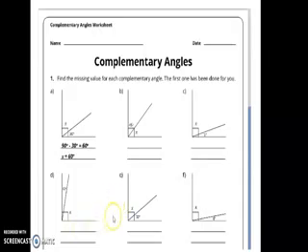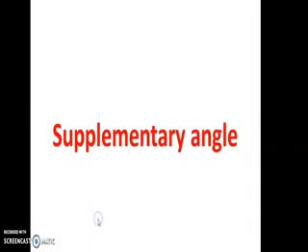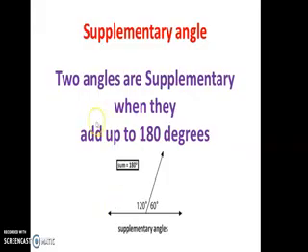Okay children. Next, let us move on to the other angle, that is supplementary angle. Two angles are supplementary when they add up to 180 degrees. Here, you are watching that this angle is 120 degrees and this is 60 degrees.